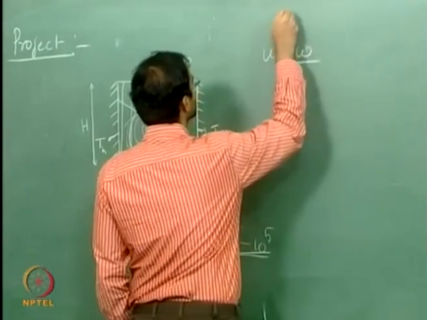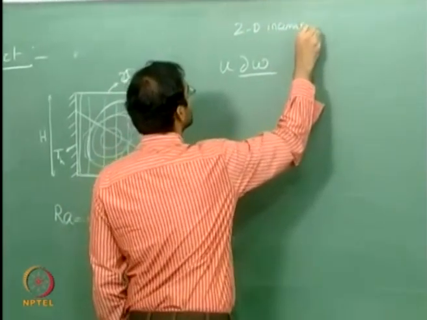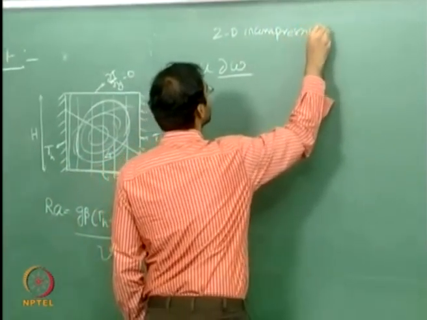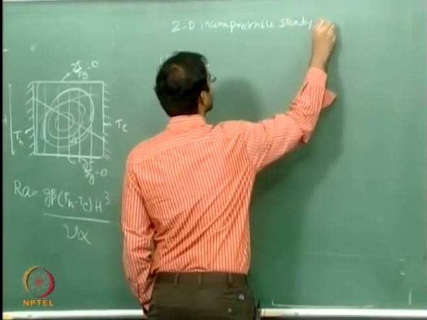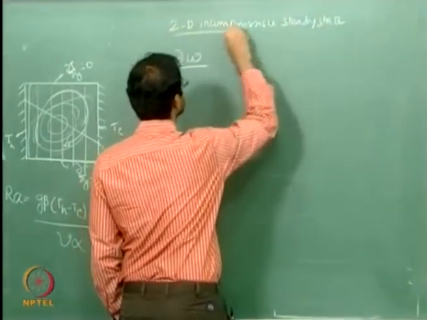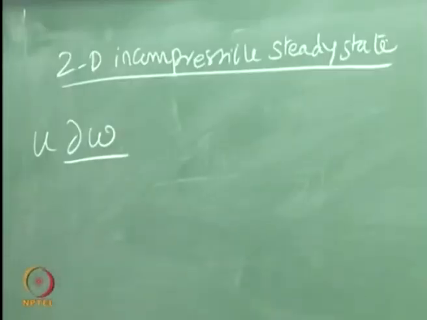So I am writing this under 2D incompressible and steady state approximation. So you don't have to look at the unsteady or transient patterns, you just directly go to the steady state and want to get the steady state solution.